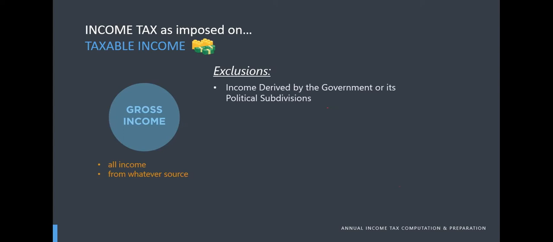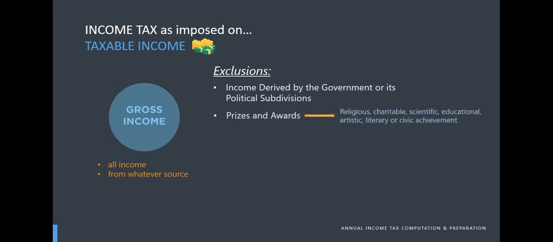So since governments are exempt from the imposition of tax based on our discussion last time, any income derived by the government or its political subdivisions is not part of the taxable income.